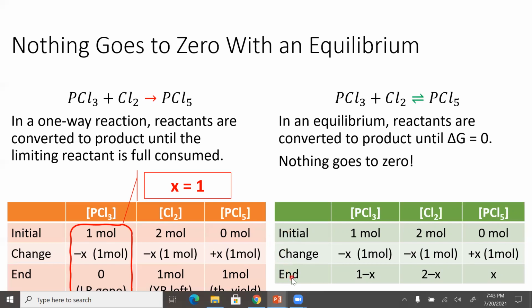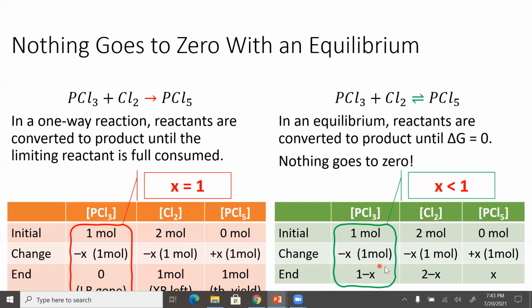Let's say we start out with 1 mole of PCl3 and 2 moles of Cl2, and we don't have any product to begin with. Again, it's a 1 to 1 to 1 ratio that they react in. But because it's a reversible reaction, we don't ever end up running out of anything.